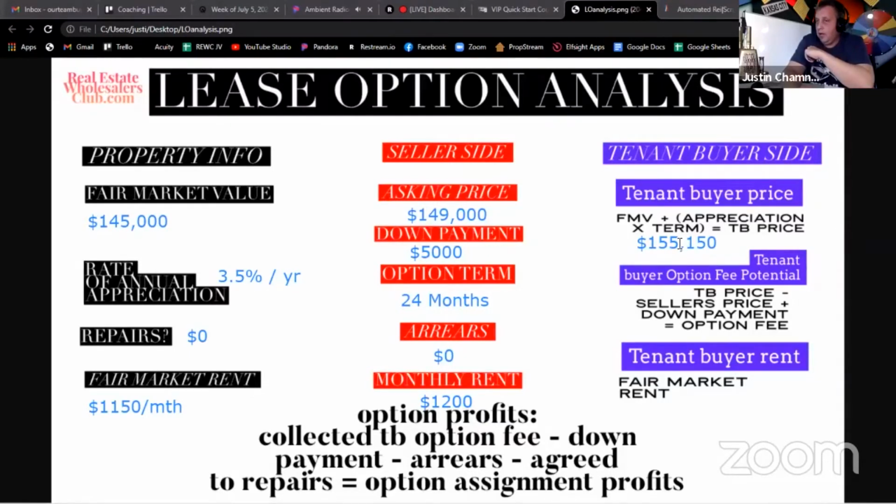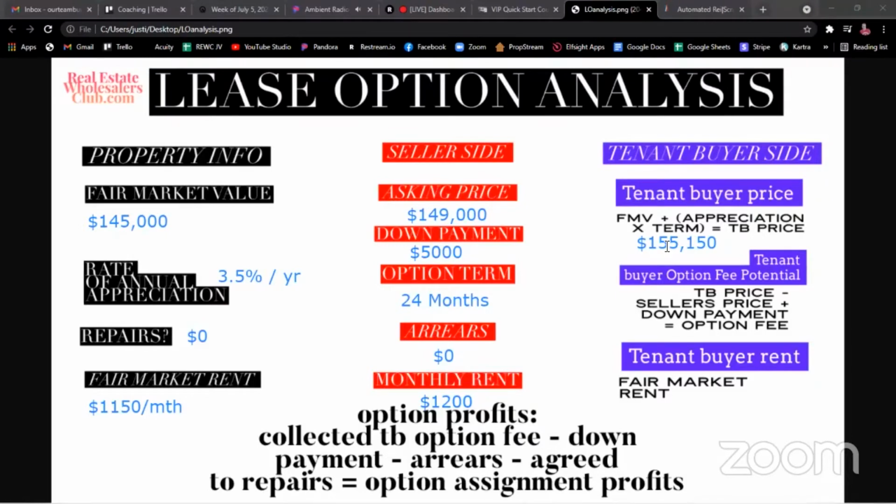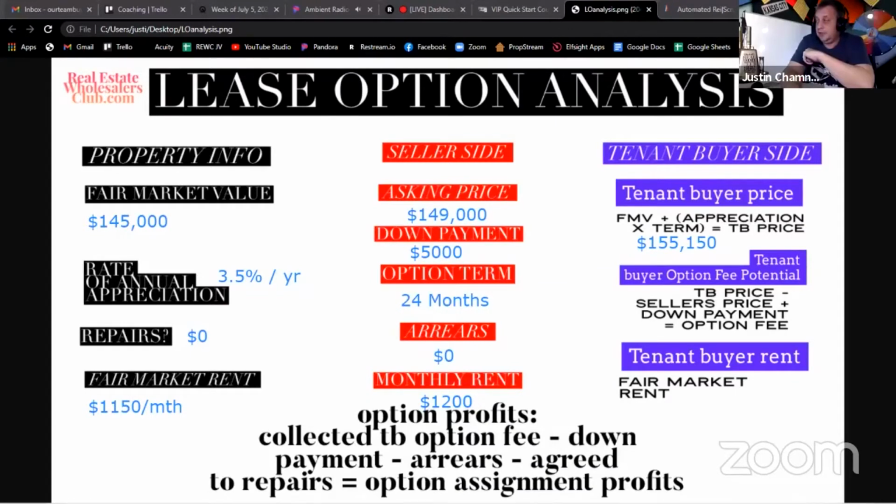So why would I sell it to the tenant buyer at 149 and not make any money when that house is actually going to be worth 155 by the time he goes to exercise his option to buy it? But you're going to be making money on a down payment though. Yeah, correct. I will be making money in a down payment, and that's where I'm going to collect the down payment from, is the spread between 149 and 155,150.